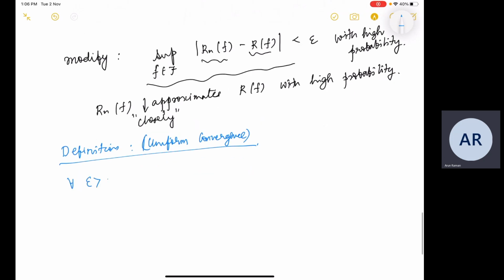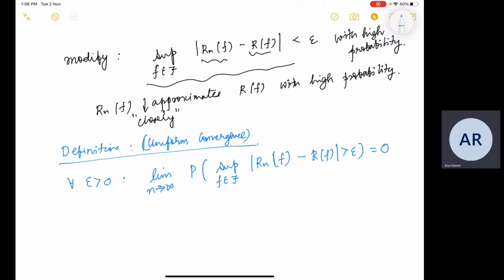For all epsilon greater than 0, the limit as n tends to infinity of the probability that the supremum over functions in the function class script F of the difference between empirical risk and true risk is greater than epsilon is 0.